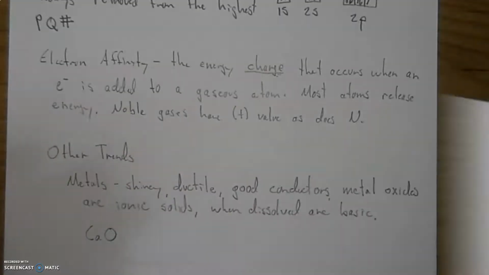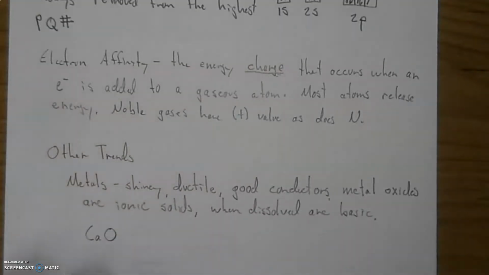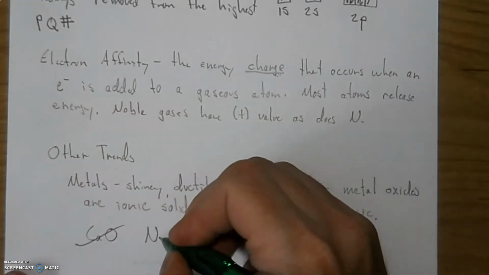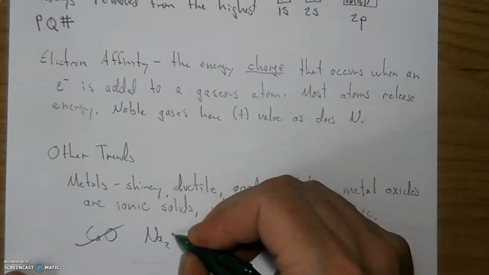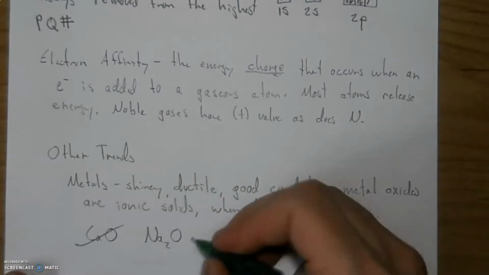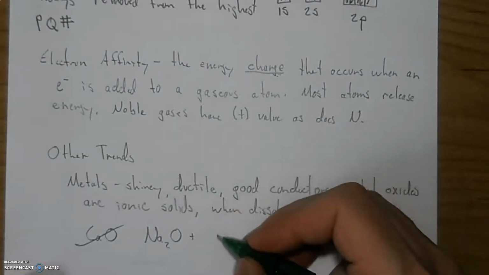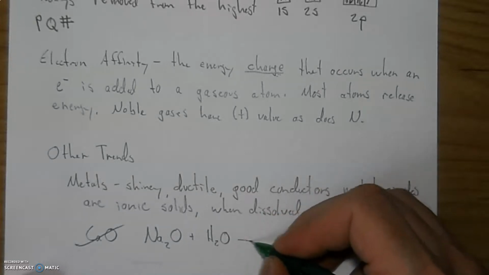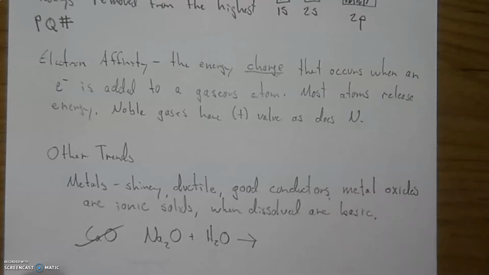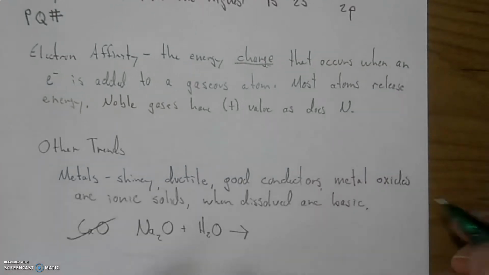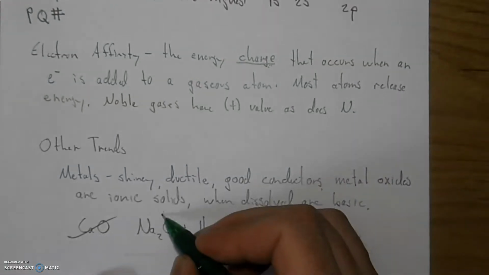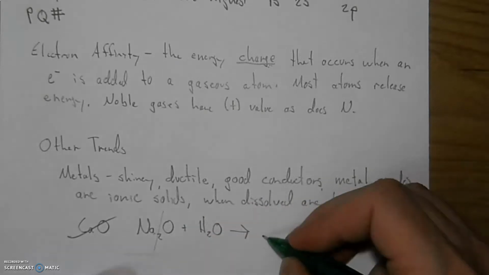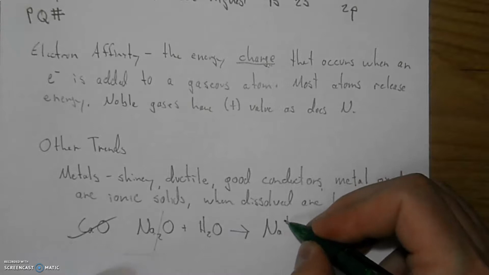So I will show an equation for that. Let's go ahead and do that now. We'll do a different one than this, something that's a little more familiar. Sodium oxide. That is a metal oxide. If you mix it with water and you try to predict what the outcomes will be, let's see. This thing's going to split. And sodium, being a group 1, is always going to be by itself.